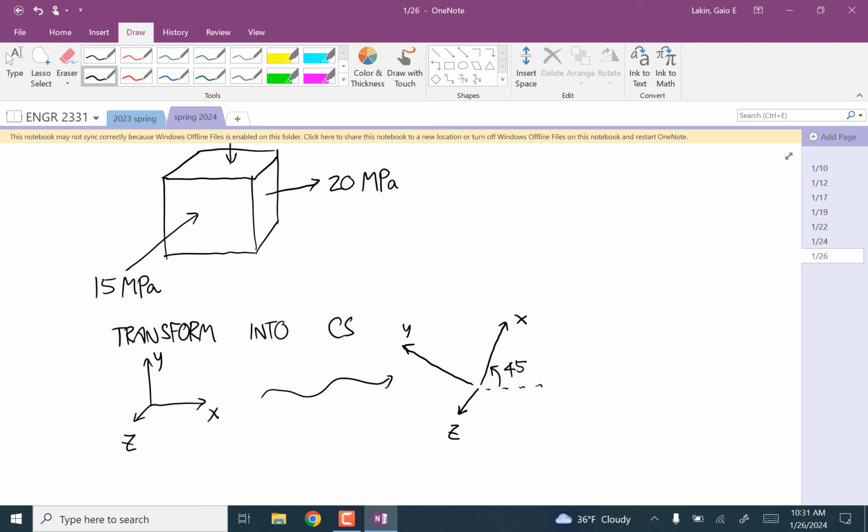It's super useful. That's what principal stresses are. Without those principal stresses, it would be really hard to come up with a way to compare how close this material is to breaking. And so principal stresses are going to be really important.